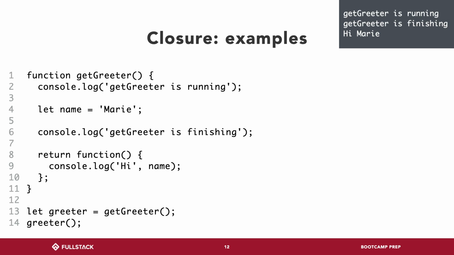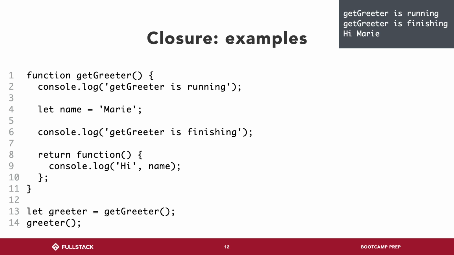So JavaScript is like, okay, what is greeter equal to? It looks for what it is. Where is that function? It lives inside this function. Then it runs it, and it says, what is the name? Oh, it's defined in the outer function it lives in. And that's why that works.